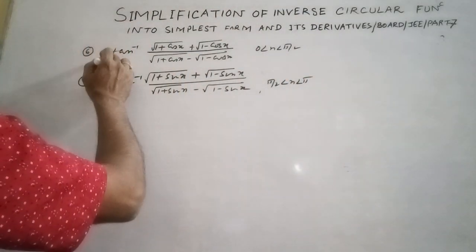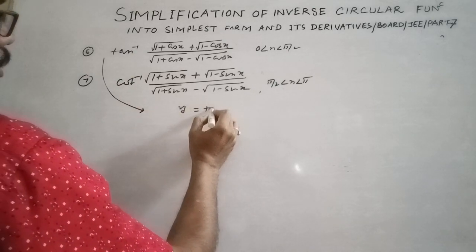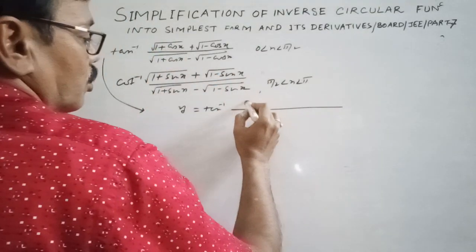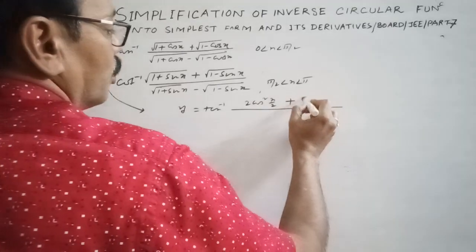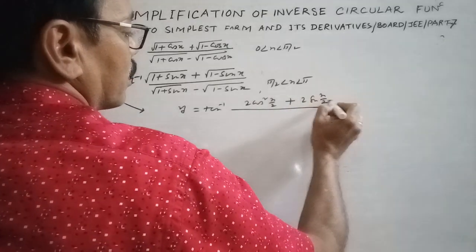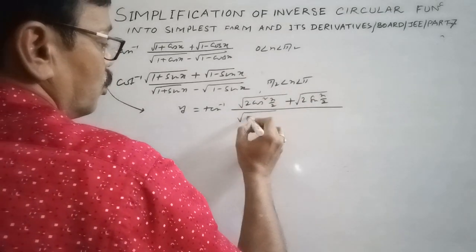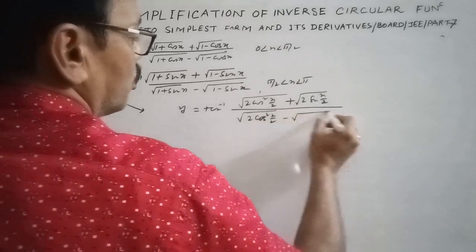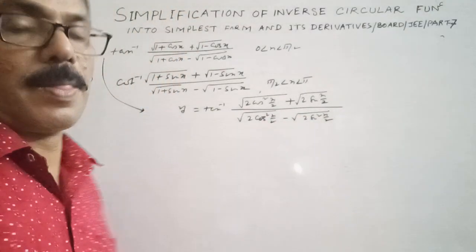So problem number 6. Suppose this is y, tan inverse of root of (1 plus cos x) by (1 minus cos x). So this is 2 cos square x by 2 over 2 sin square x by 2 within the root.